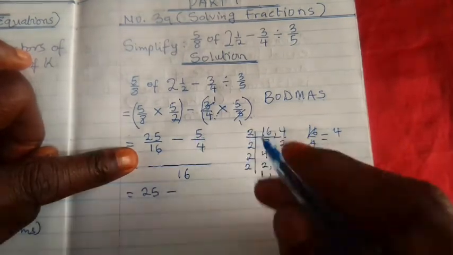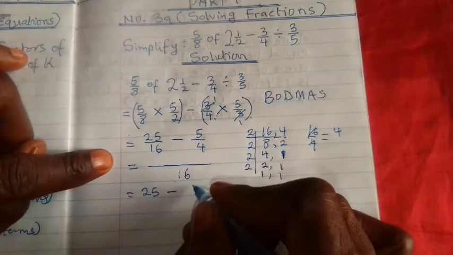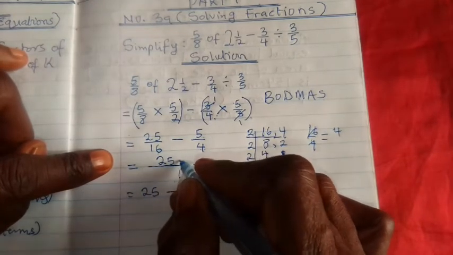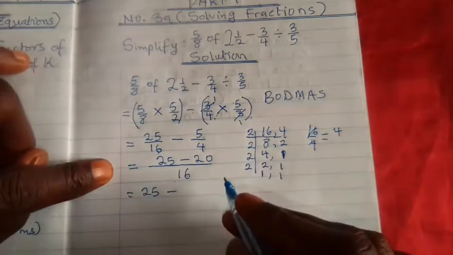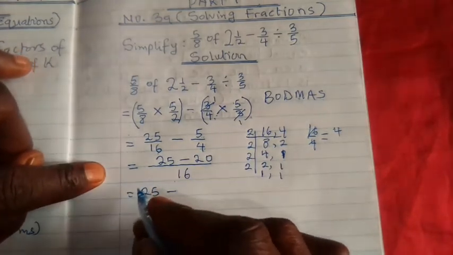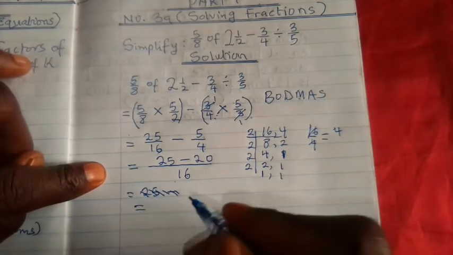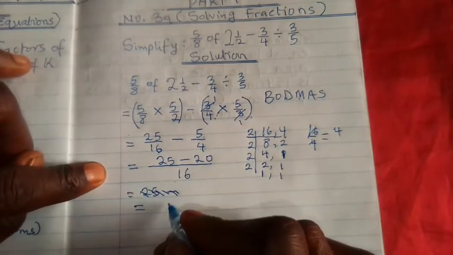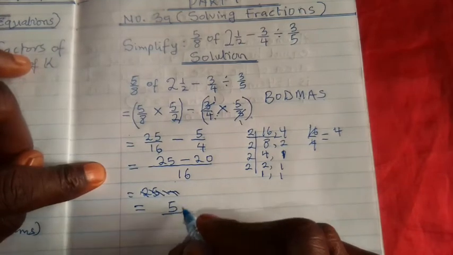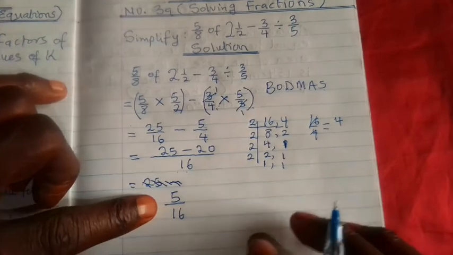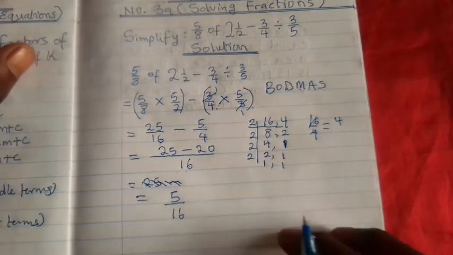So 4 times 4 will give us 20. So here we said 25 minus 20. All right, so 25 minus 20, oops, I made a little mistake, pardon me for that. So let's take it up here. Now 25 minus 20 will give us 5. Then divide this by 16. And no common factor can divide. This is going to be our final answer.